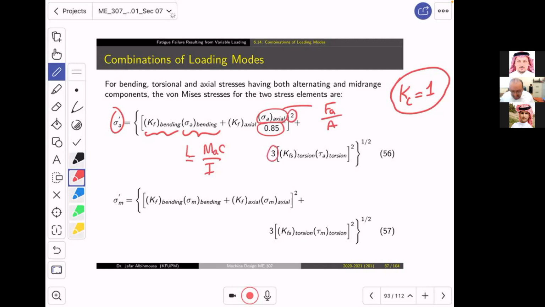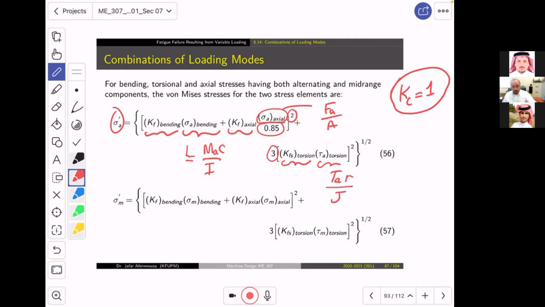And then 3. That 3 accounts, guys, for the adjustment of the torsional loading inside the state. And here, of course, this is K_F for axial. And then we have K_F for torsion multiplied by tau_A. Tau_A is just like T_A, the amplitude torque, multiplied by R divided by J. Good?